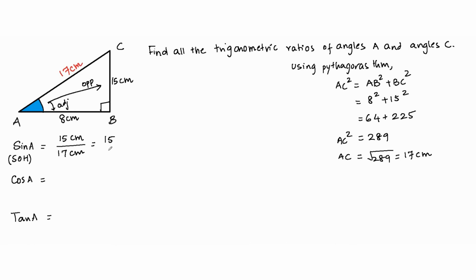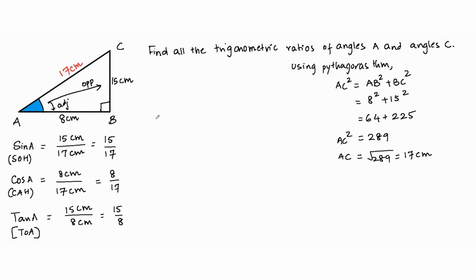The answer is therefore 15 upon 17. Cosine is adjacent, which is 8 centimeters divided by 17 centimeters, which is 8 upon 17. And tan is opposite, that's 15 centimeter divided by adjacent, which is 8 centimeter. Therefore, this is 15 upon 8.